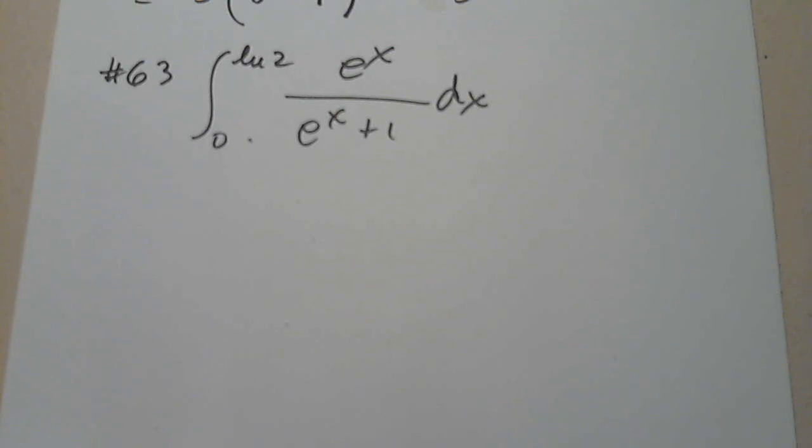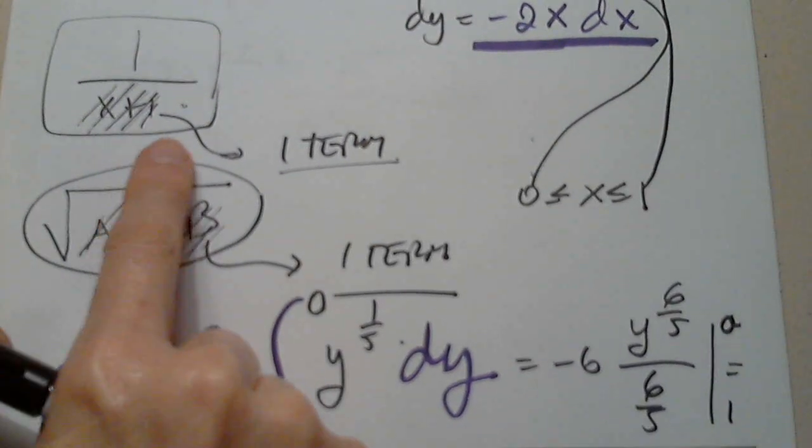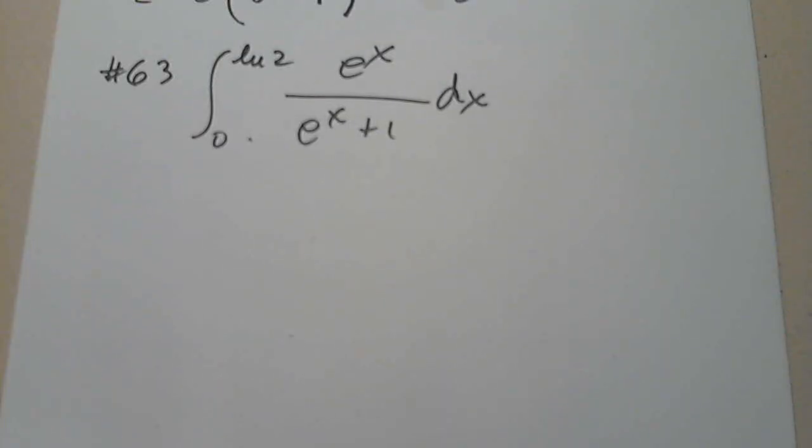Based on what we just discussed a few minutes ago, what is the problem here? e to the x plus 1. Exactly. Because the denominator is not one term. That's why I'm focusing on that.